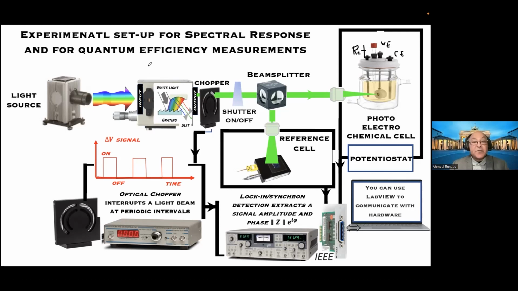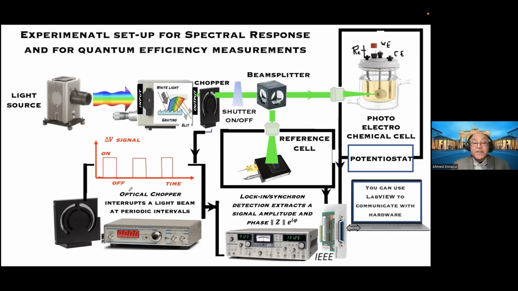And then we can use a monochromator here, a chopper, and we can measure from one side half of the light coming to your electrode. We can measure the current resulting from this excitation with the light, and the other half of the light can be measured with a detector.